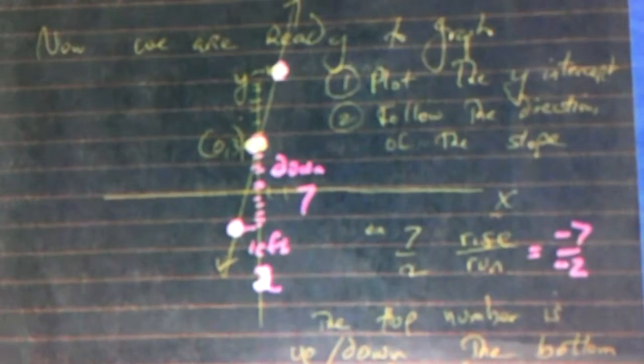The reason you can do that is this equals minus 7 over minus 2. It's the same thing. Positive 7 over positive 2 is equal to minus 7 over negative 2, because a negative divided by a negative is positive. So either way, we have a line.